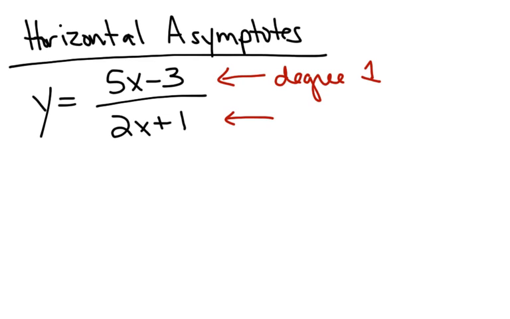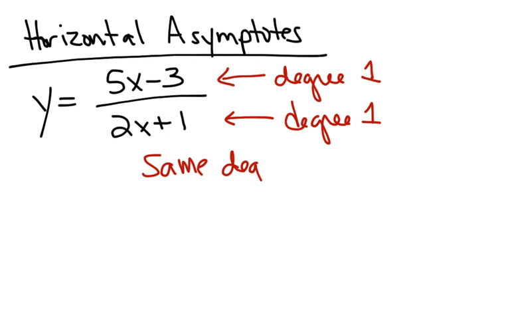And I want you to know that the biggest degree of x in the denominator is also 1. If the degree in the numerator and denominator are the same, then the horizontal asymptote is the ratio of the coefficients of those x's. So there's a 5 in front of the x on top and a 2 in front of the x on the bottom. So the horizontal asymptote is y equals 5 halves, or 2.5.